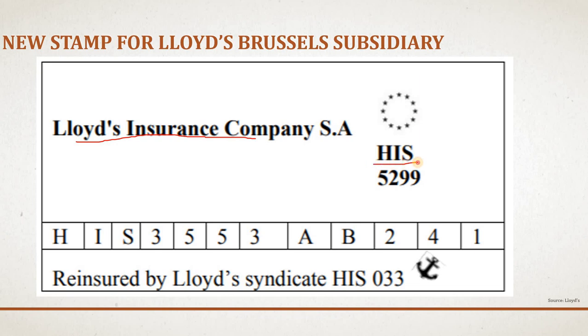Then this is the Hiscox code and the Hiscox number from the LBS subsidiary point of view. Then this is the reference number. This is the Hiscox syndicate name, the Hiscox code, and the Hiscox number. Since this is the Lloyd's placement, we have a hook over here. This is the anchor sign which denotes that it's going to be placed within the Lloyd's market.